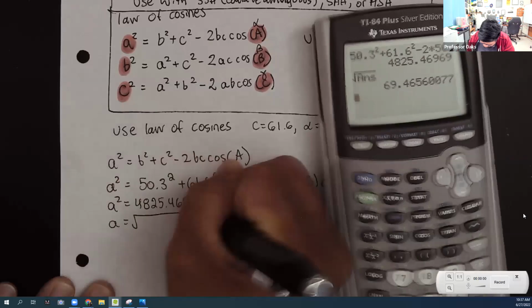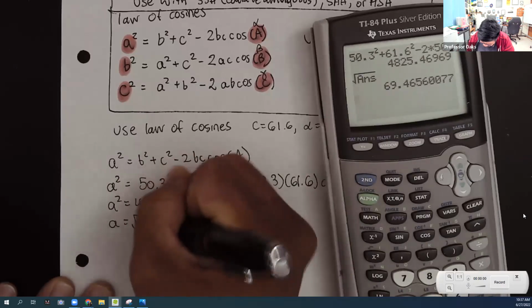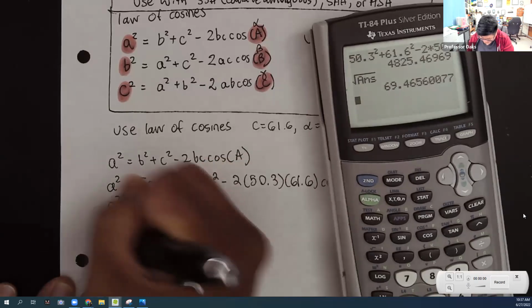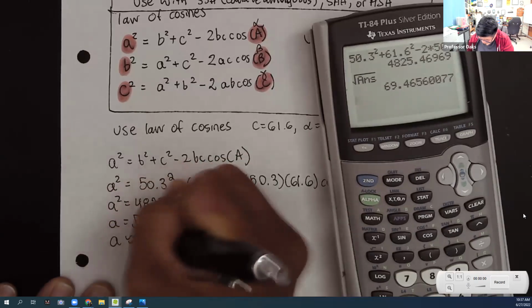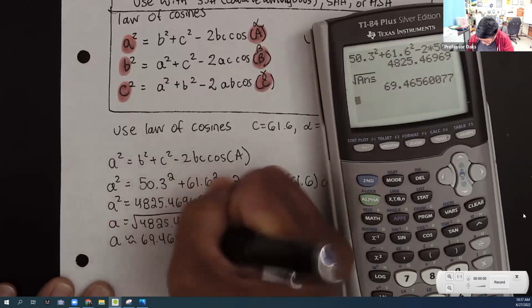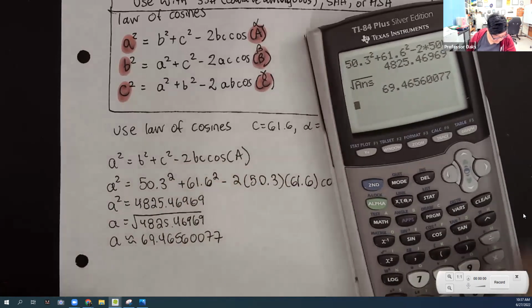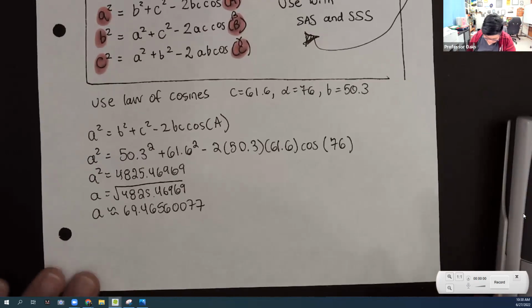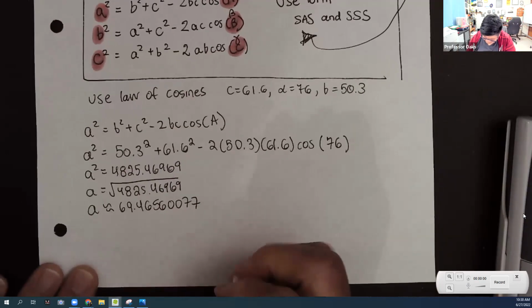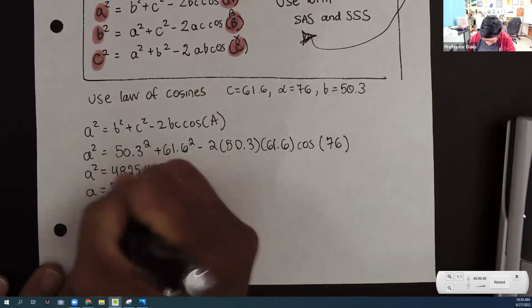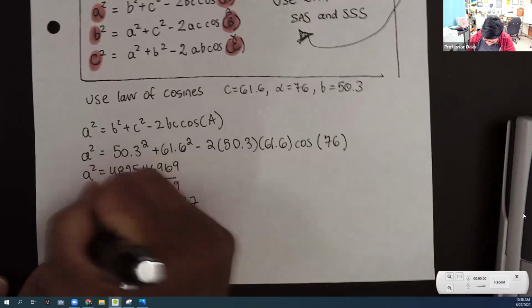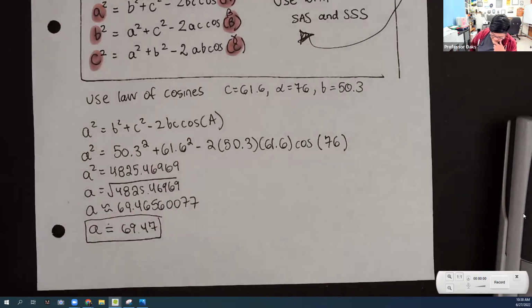A is the square root of 4825.46969, which is about 69.465600077. So to two decimal places, A is about 69.47. So that is the first thing.